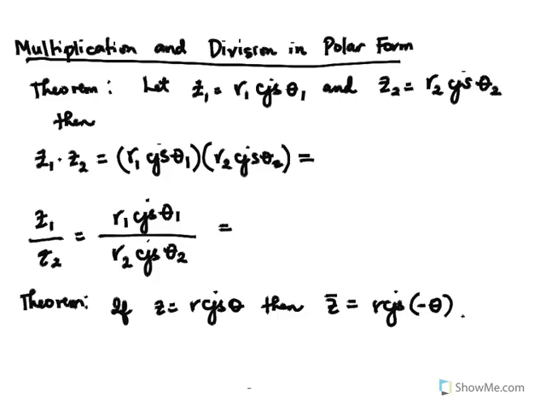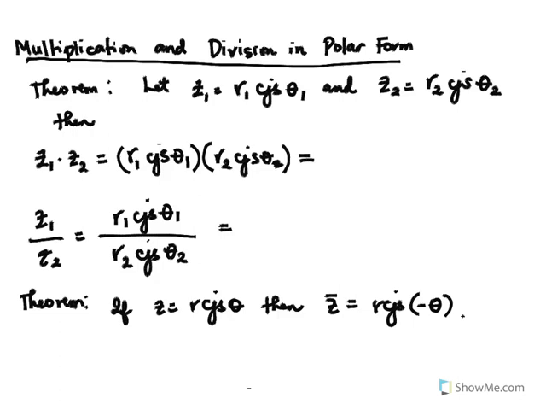Now, there is a shortcut in multiplying and dividing complex numbers if they are already written in polar form. Okay, kasi kapag the standard na Cartesian form or rectangular form, we use FOIL method, we use conjugate, and so on. Pero kung meron tayo ay naka-polar form, we can multiply and divide complex numbers in polar form.